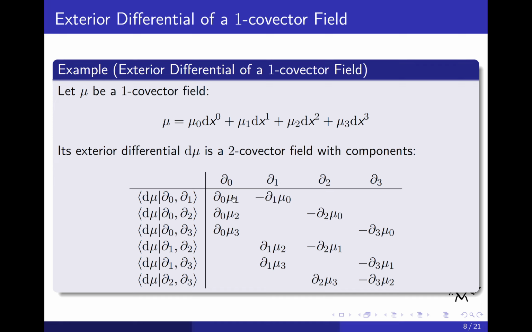There are two derivatives. The first derivative is partial 0 mu1, and the second derivative is negative partial 1 mu0. Combine them together, and you get the component for dx0 wedge dx1. And similarly, you have 6 components in total.